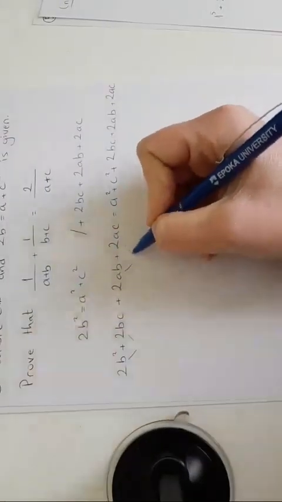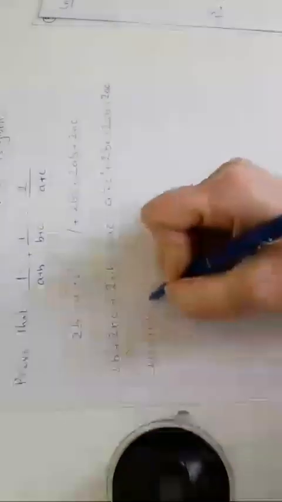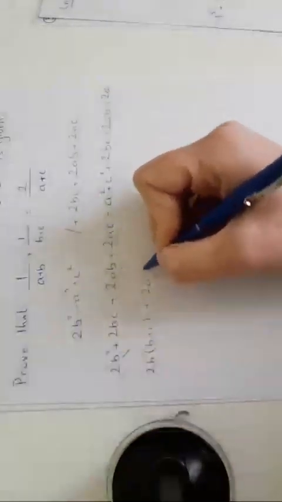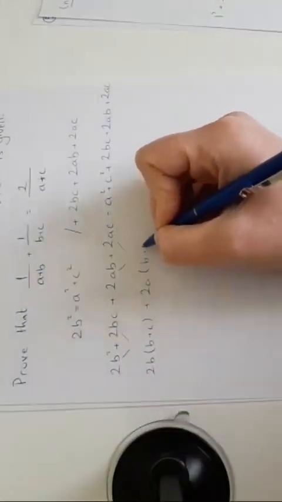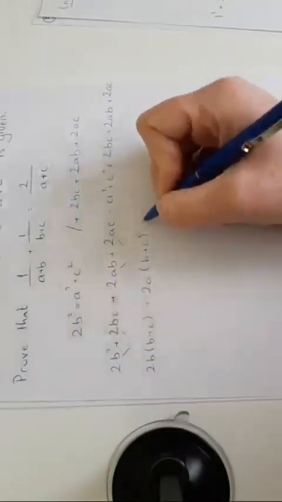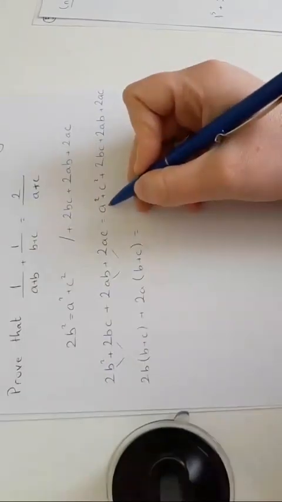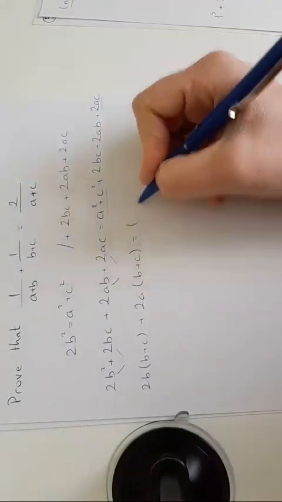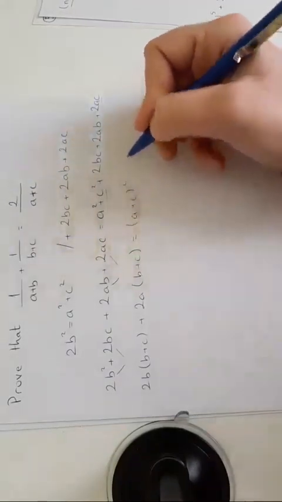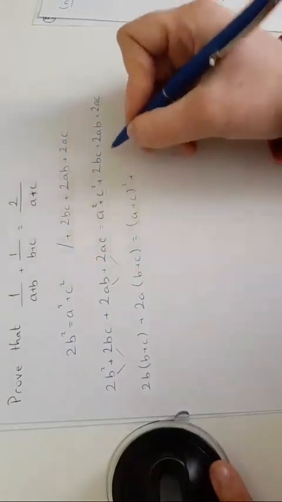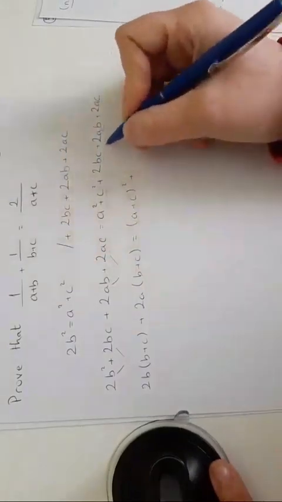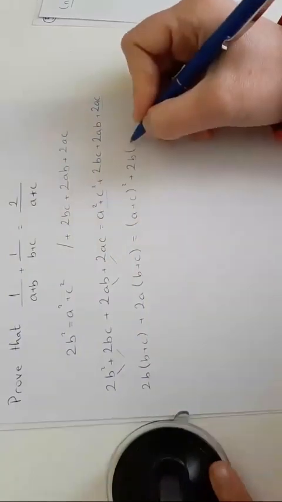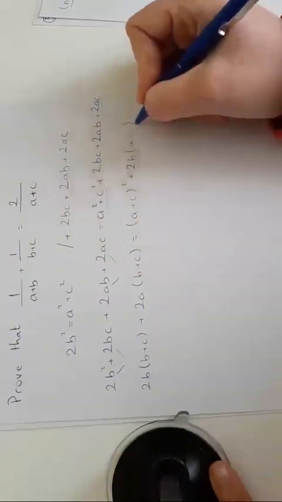Now if we put them like this, I have some common terms: 2b times b plus c plus 2a times b plus c is equal to, here I have a perfect square, a squared plus c squared and 2ac, so it will be a plus c squared, plus here, what is the common term? 2b times a plus c.